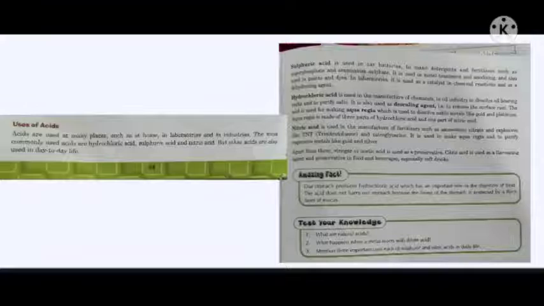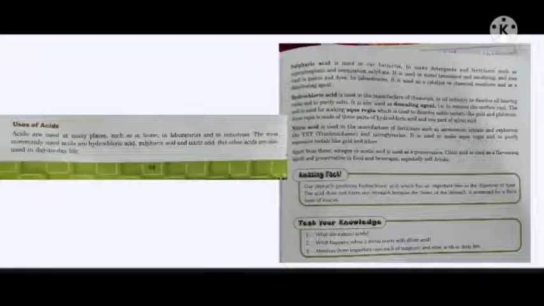Acids such as those that occur naturally in plants and animals are called organic acids, and acids commonly used in laboratory are called mineral acids: hydrochloric acid, nitric acid and sulfuric acid. These are the mineral acids.